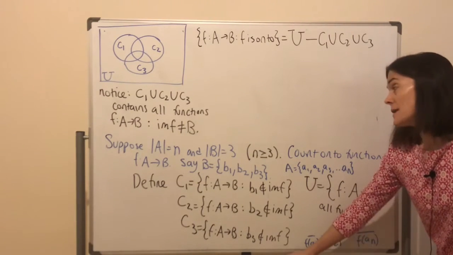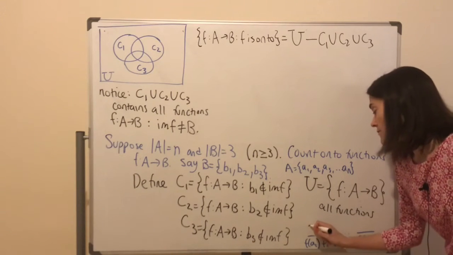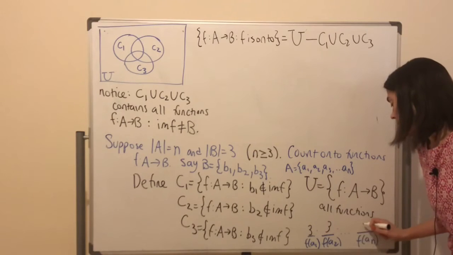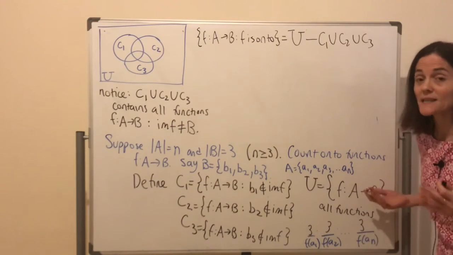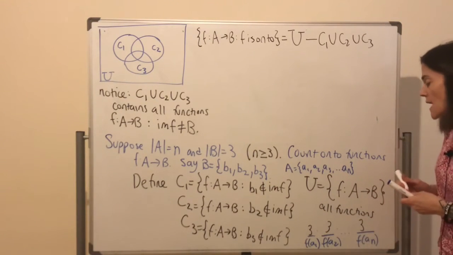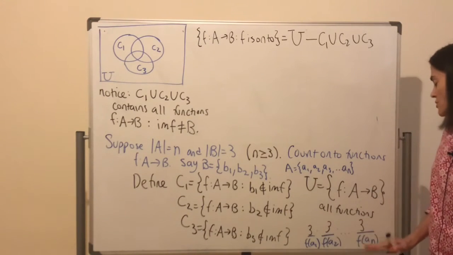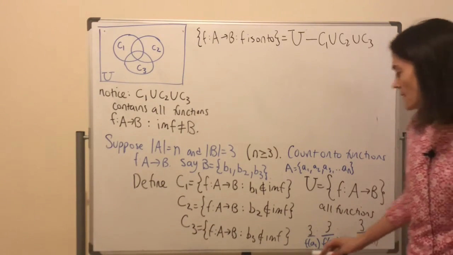And B has 3 things, so I have 3, 3, 3, 3 possibilities. Each element goes to either B1, B2, or B3. So I have 3 for each. We have a total of 3 to the n. Okay?